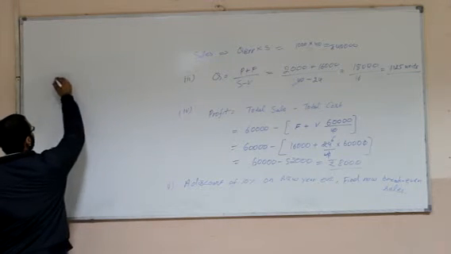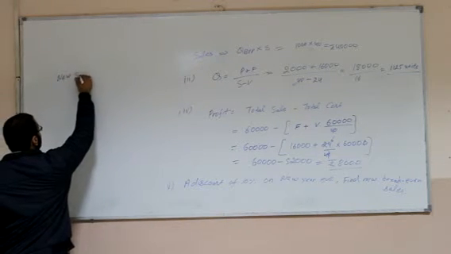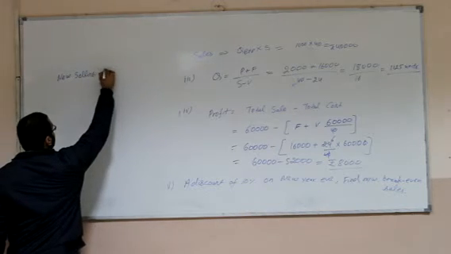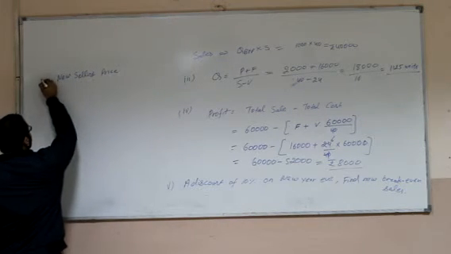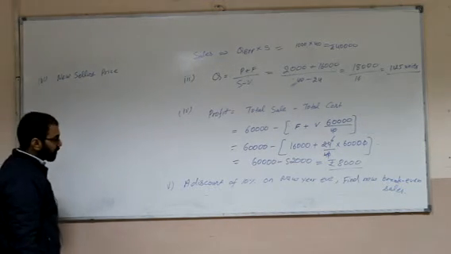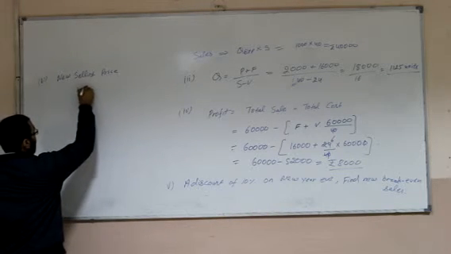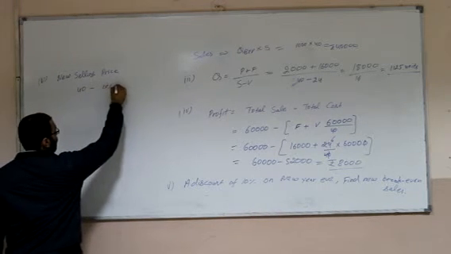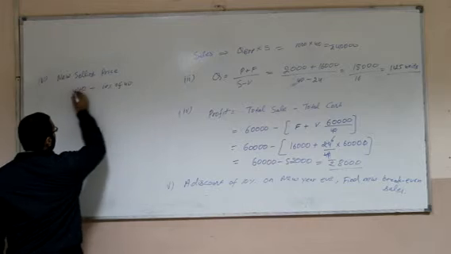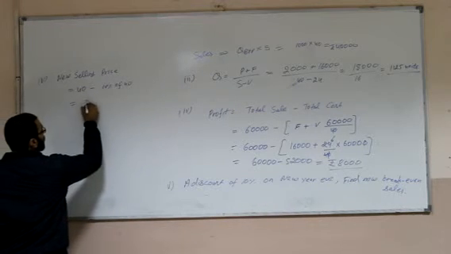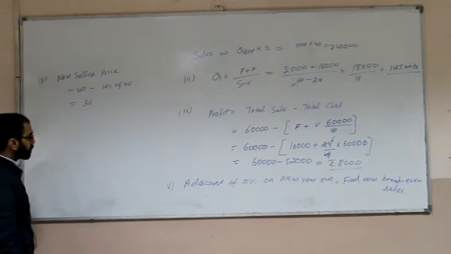So what will be the new selling price? Fifth one. The new selling price is 40 minus 10% of 40, that will become 36.